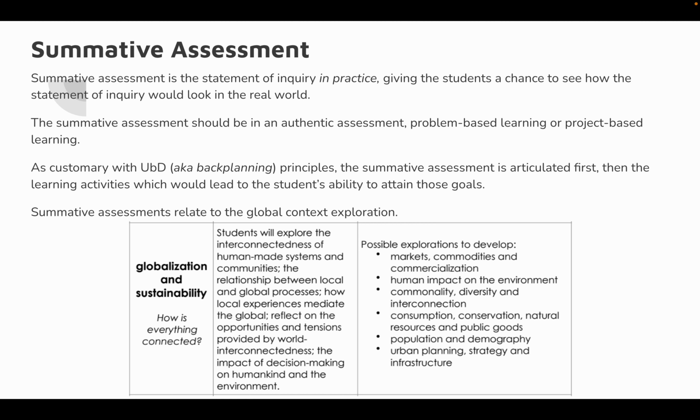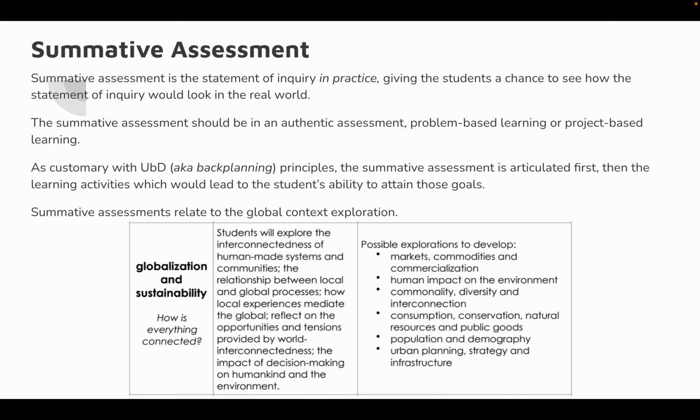But the summative assessment looks like an authentic assessment, sometimes also called PBL, which could be problem-based learning or project-based learning. The students will engage in an assignment and an assessment which mirrors what they can do in the real world outside of the school walls.